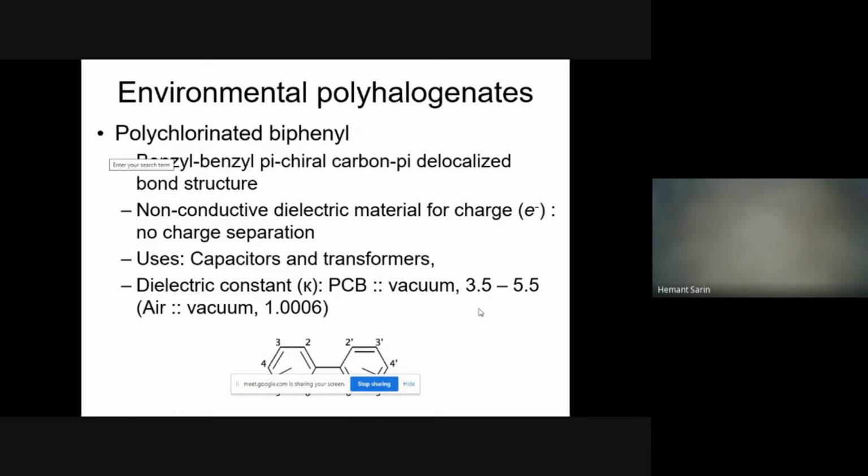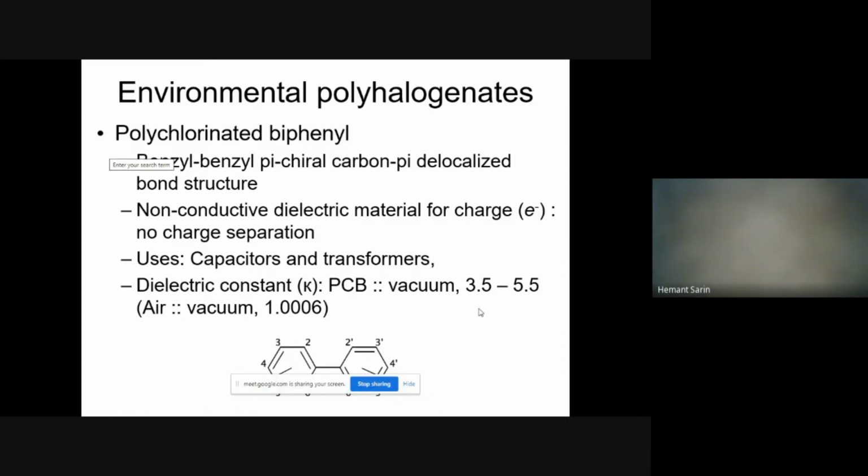They're in all sorts of capacitors to separate charge, and they have an optimal dielectric constant as compared to vacuum or air.